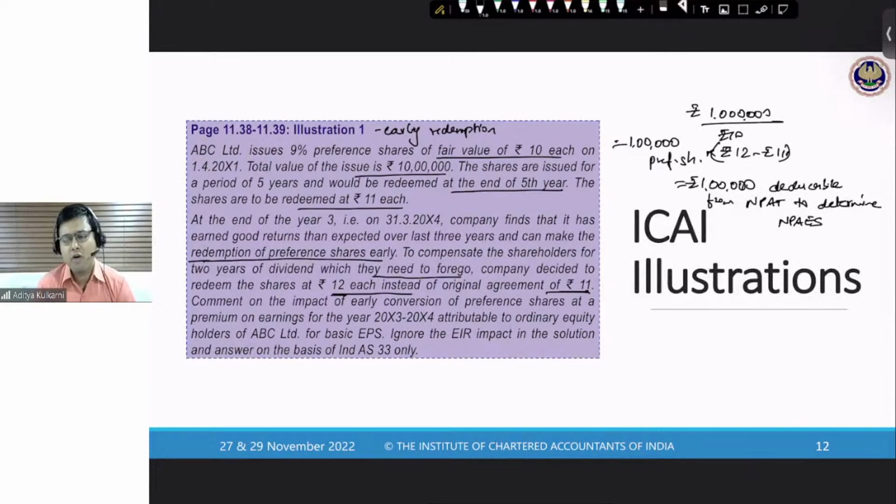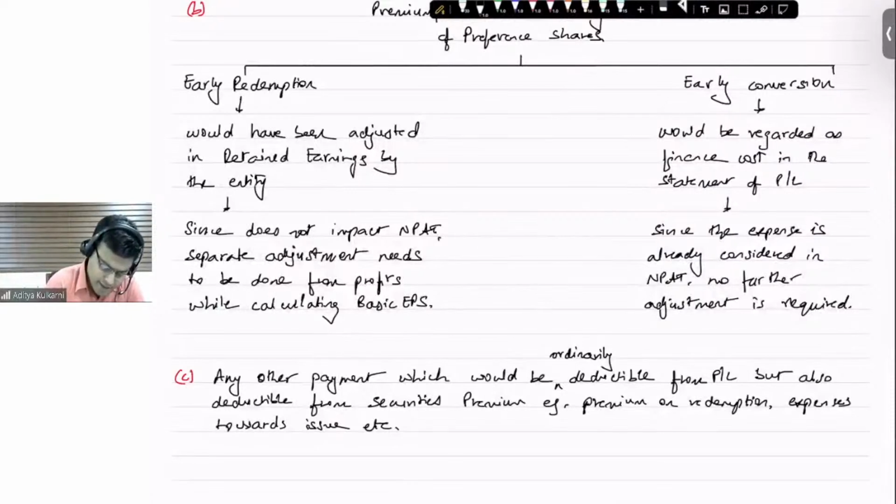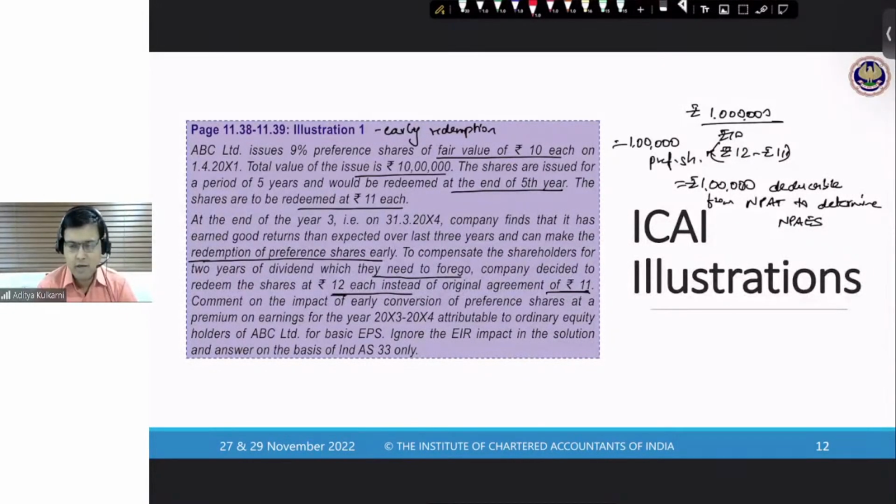Originally this would have gone in other equity. Typically we use securities premium, so that is what we had written in our notes. Early redemption would have been adjusted in retained earnings, that means securities premium, reserves, etc. It would not have gone to P&L. That is why, to arrive at net profit attributable to equity shareholders, we would have to deduct this.